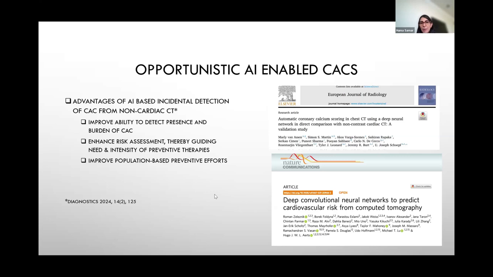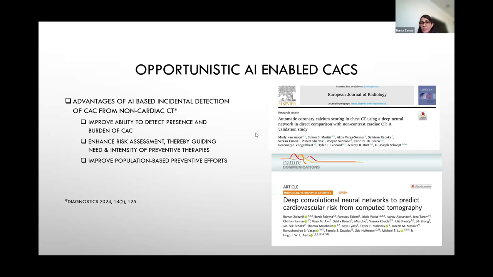And this really grabbed a lot of attention because of the need for patients to get lung cancer screening scans on a yearly basis, and the ability of these algorithms to diagnose coronary calcium and essentially diagnose coronary disease in an opportunistic fashion for these patients who are not being referred for coronary disease evaluation, but being referred for lung cancer evaluation.